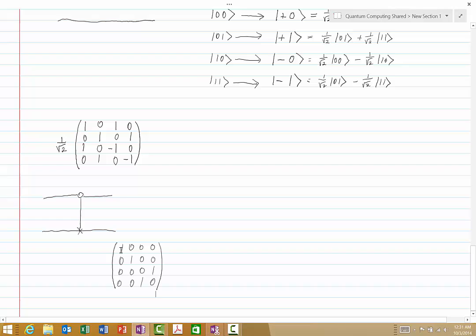It leaves the first qubit as it is, and for the second qubit, if the first qubit is 0, it will leave the second qubit undisturbed. But if the first qubit is 1, it will switch the second qubit from 1 to 0 or from 0 to 1. So this is the matrix representation for that part.